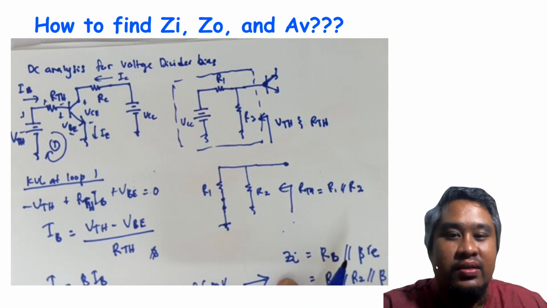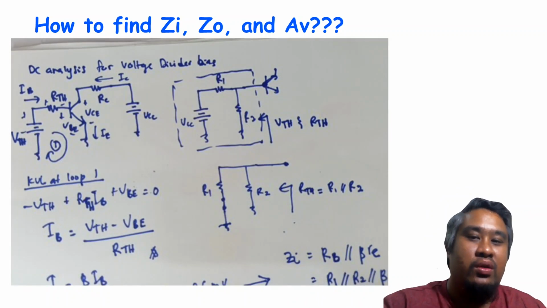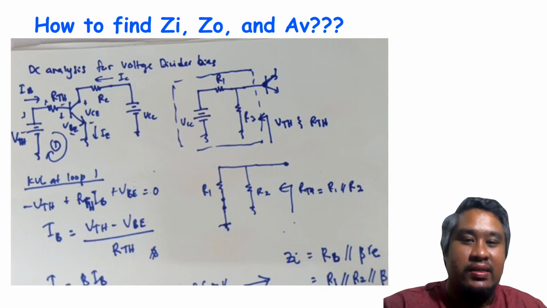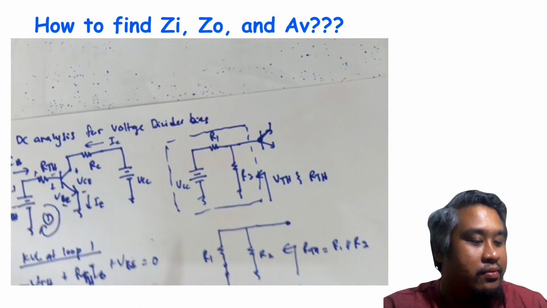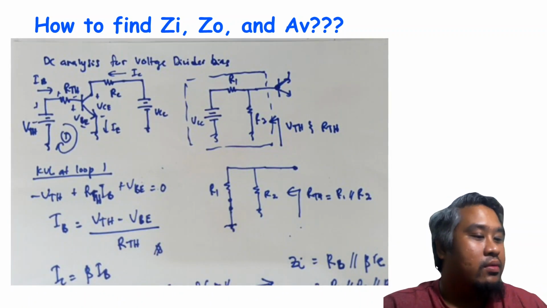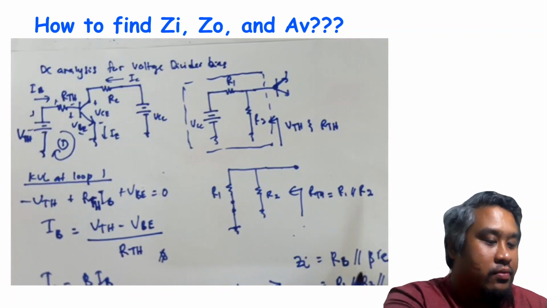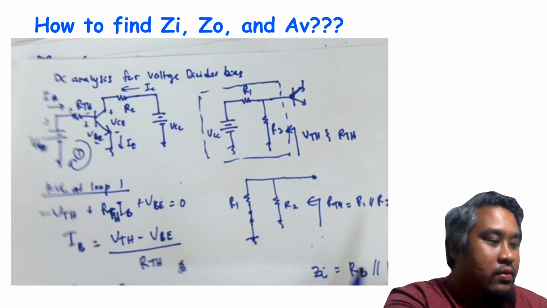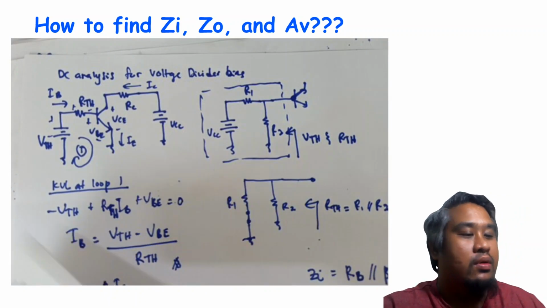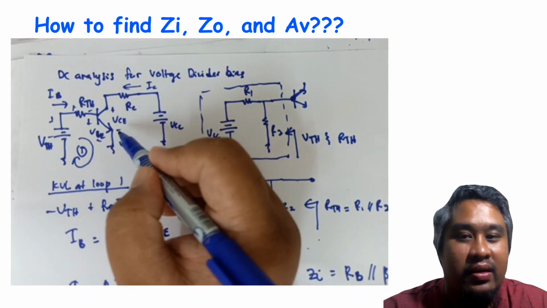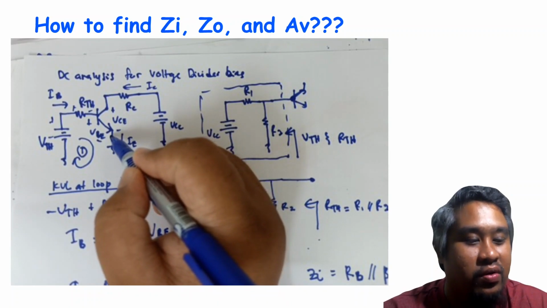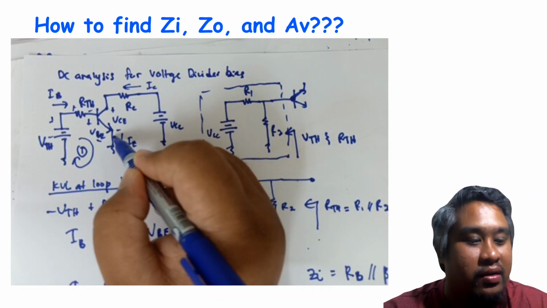For the next video, we will continue on unbypassed circuits. What is the meaning of an unbypassed circuit? Unbypassed means let's say we have to consider RE in the circuit.